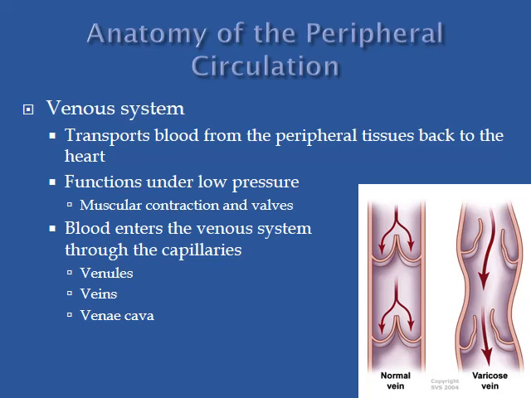If you've ever seen the legs of a person with varicose veins, the veins will actually start to snake like a winding country road to make up for the valves being broken. Venous system, low pressure. Big take-home message there.